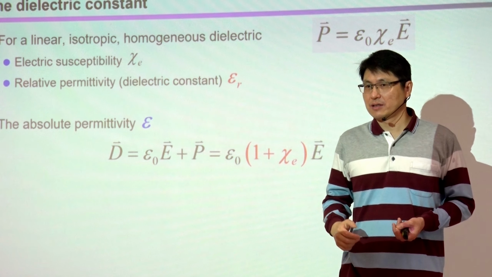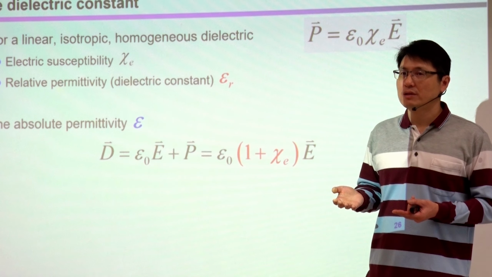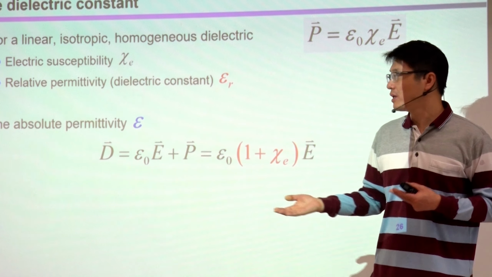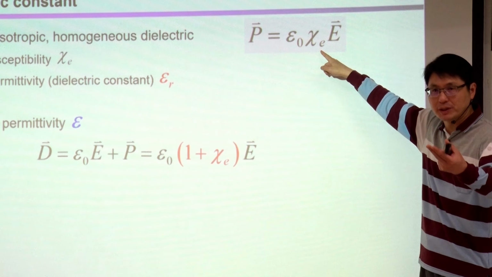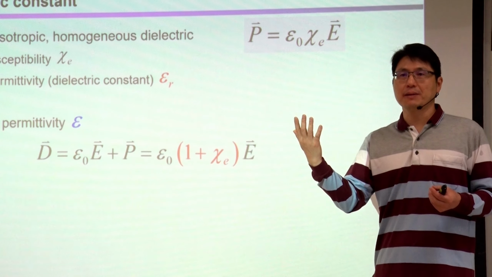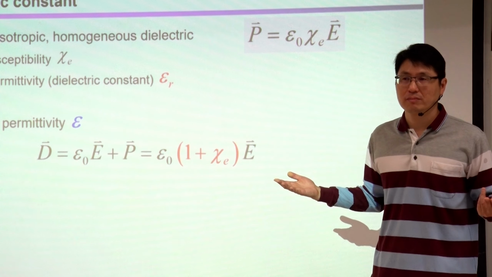How good is this material capable of giving rise to electric dipoles? If you have a very high chi E value for a given material, this material is very sensitive. So you apply some external field, it produces a lot of dipoles.